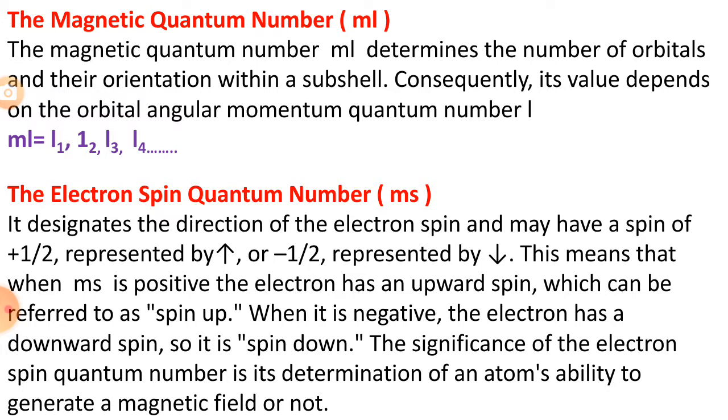Then the next one is the electron spin quantum number, ms, which we already discussed in our third lecture.